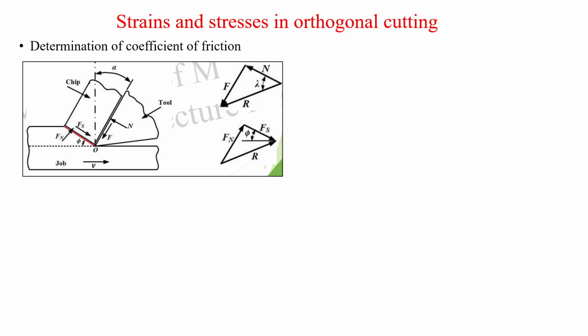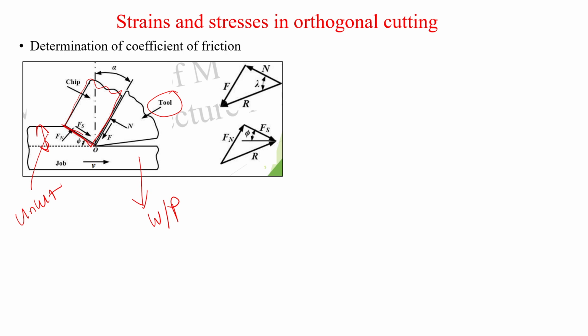Before that, I want to shed light on certain things. When the chip flows, this is the tool and this is the workpiece. When the tool is cutting, this is the uncut part, and this is the chip, which is the cut part. There are two mechanisms of chip flow.